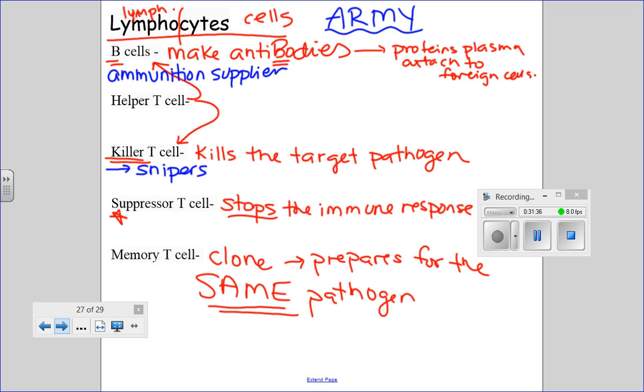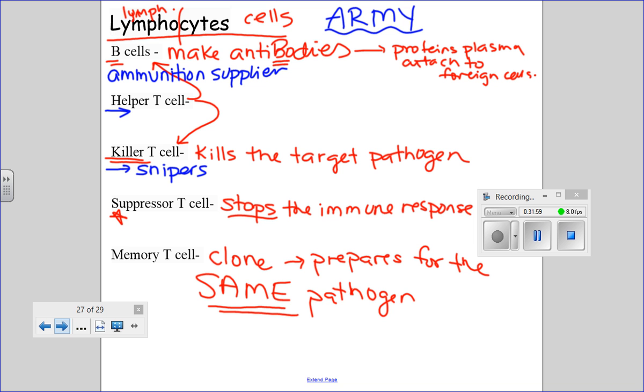The helper T cells, and now depending on what branch of the armed forces we're in, would be like the guy who's next to the lieutenant with his little phone on the battlefield, taking orders and organizing everything else.